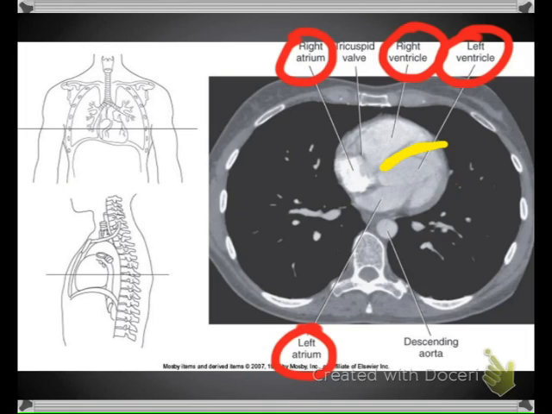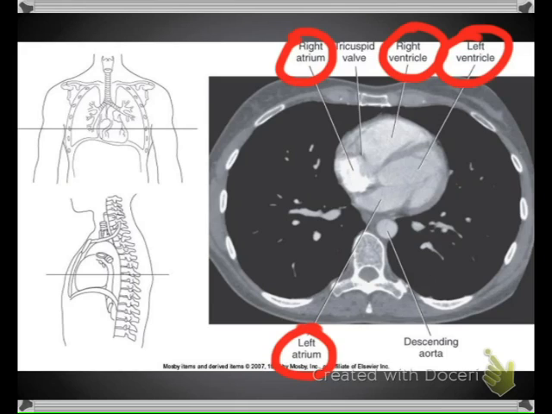This line, let me remove this so you can better see it again. This line is the interventricular septum. And so it separates the right ventricle from the left. So it's like a wall that's built there so that the blood, the deoxygenated blood, doesn't mix with the oxygenated blood and just mess everything all up.